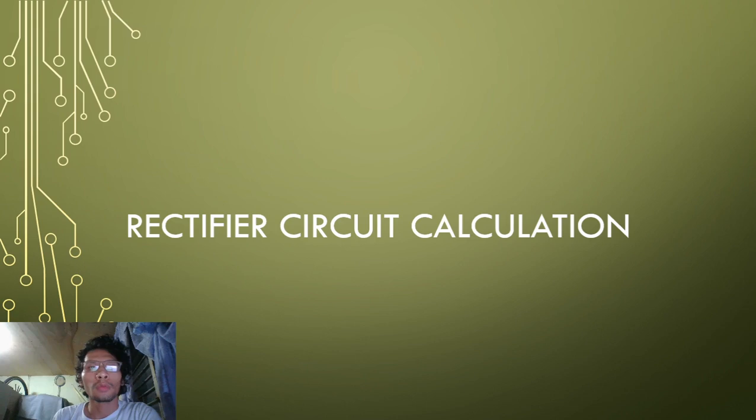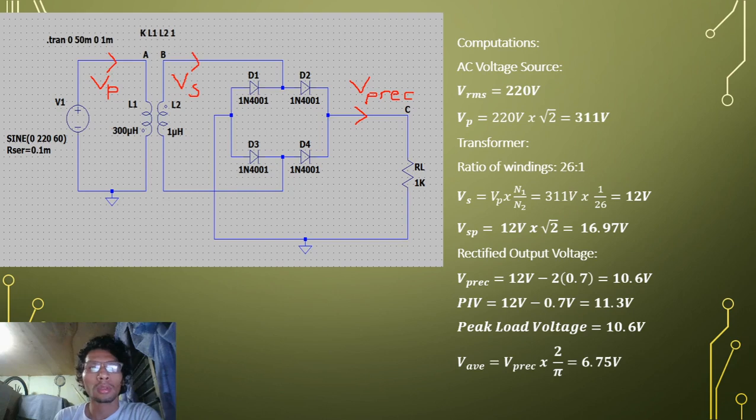First, for the rectifier circuit calculation, you can see on the screen the rectifier circuit. This is the schematic diagram or circuit design of the rectifier circuit, which is a 220 volts AC input with 60 Hz frequency.